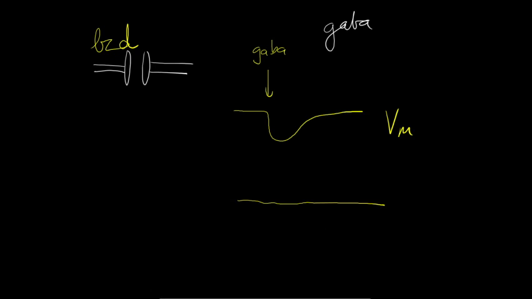But if I keep the benzodiazepine on and then I add GABA, what I find is I get a response again, just like before, but now it's much bigger than before.